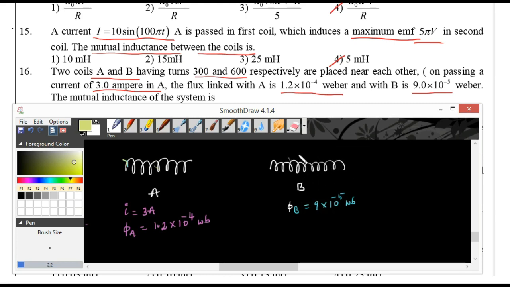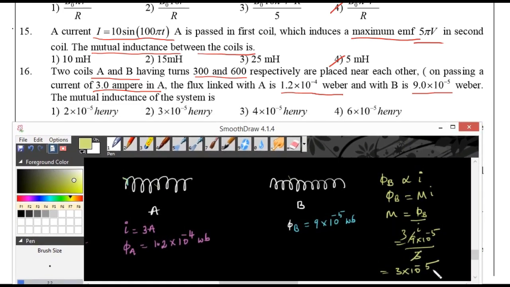So the change of flux in B is directly proportional to the change in current in primary coil, that is A. So the flux is equal to M into I. So M is equal to flux in B by I. Flux is 9 into 10 power minus 5 by I is 3 ampere. So 3 3s are 9. So that is 3 into 10 power minus 5 Henry.